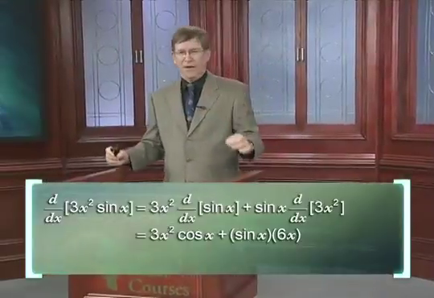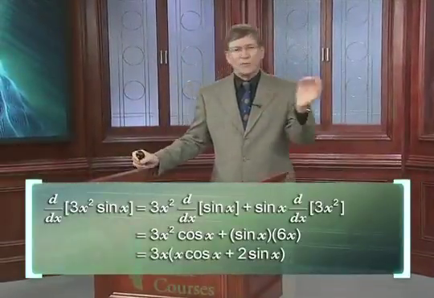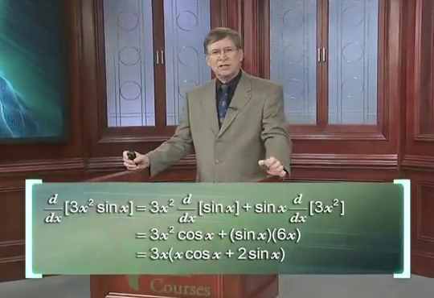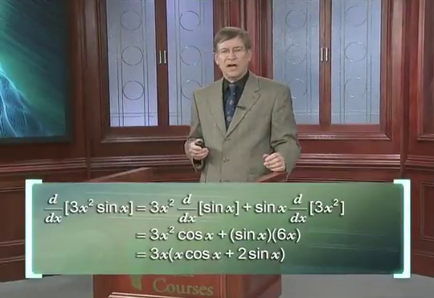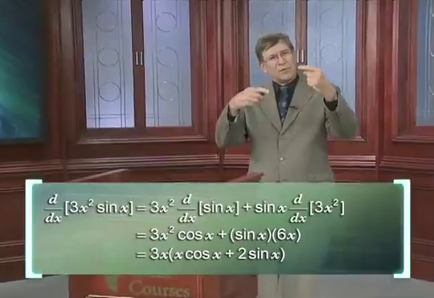And we could simplify this. We could factor out the common term 3x, and you're left with x cosine x plus 2 sine x. So I hope you see how this formula works. It's not actually that difficult. Now, in that last problem, I simplified the answer by factoring.